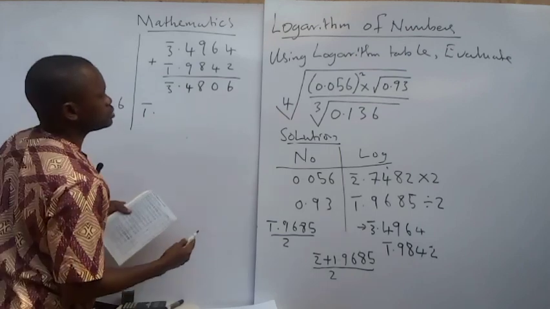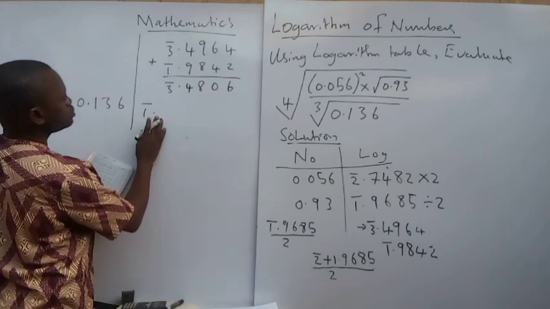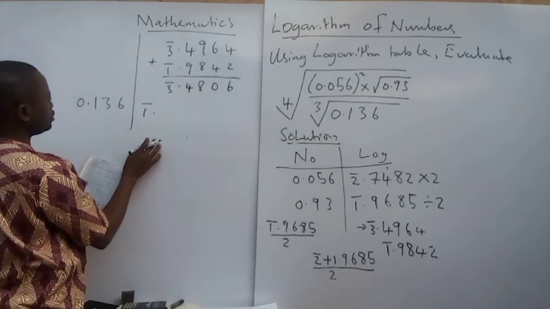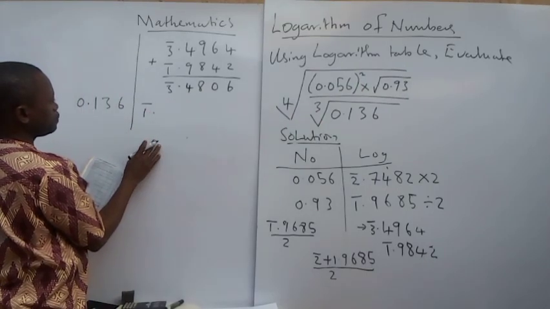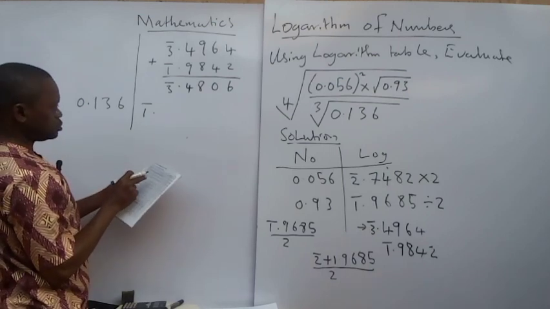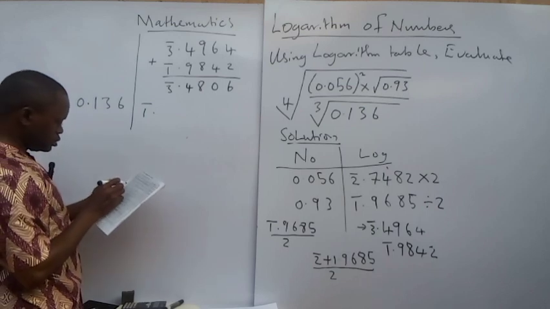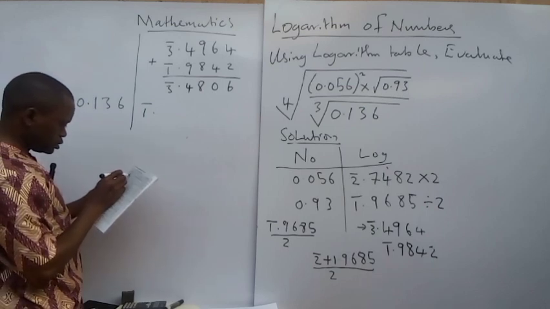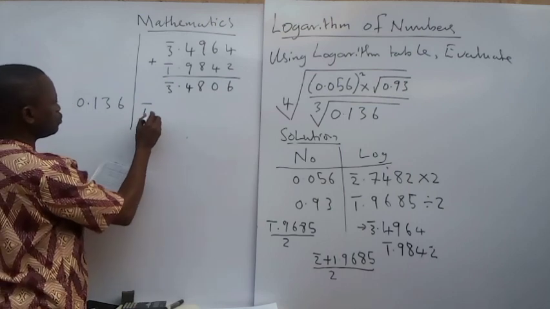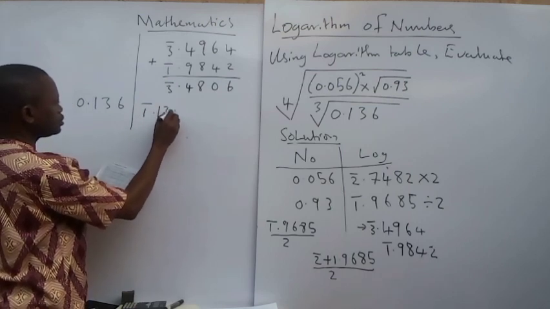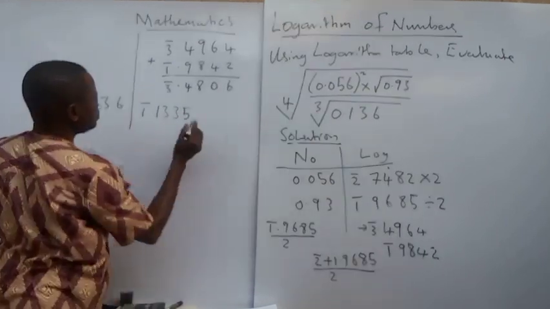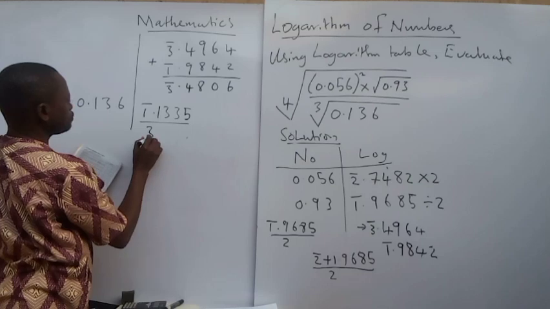Okay, there is a root there. I have to divide first before bringing it here. 13 under 6 is 1335. And this 1335 is being divided by 3.